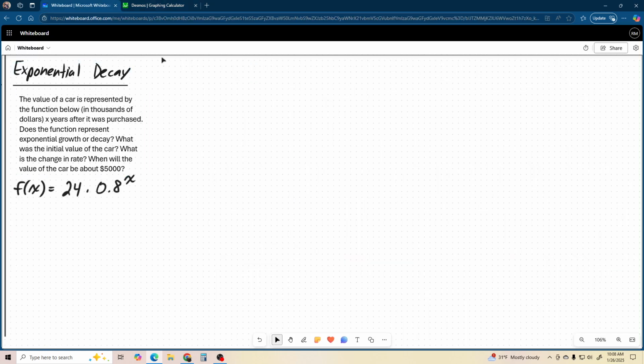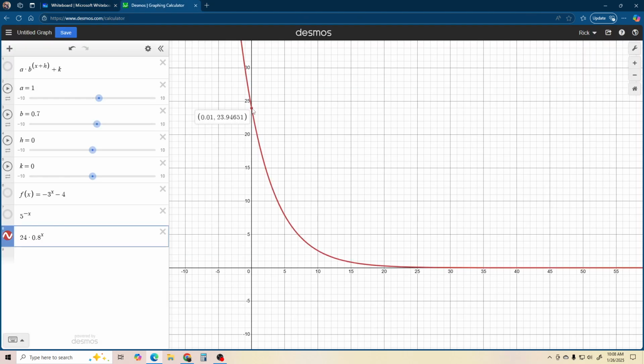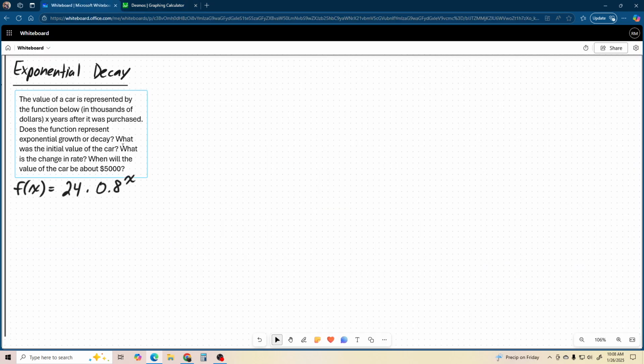So at year 0, where x equals 0, we know the car is worth 24, so the initial value is 24,000. Okay, nice. So we knew the car is initially worth 24 grand.